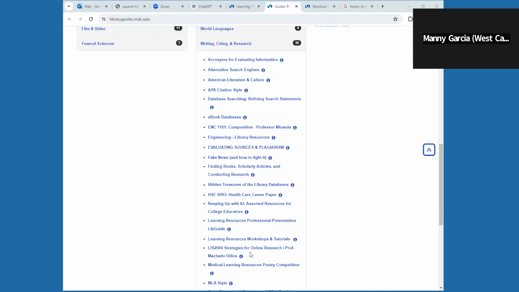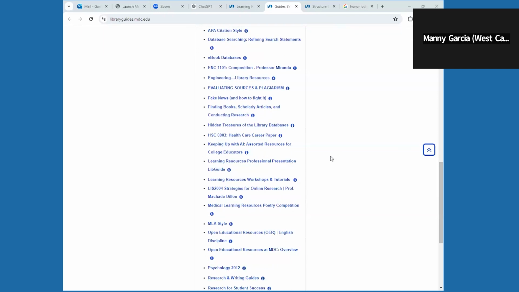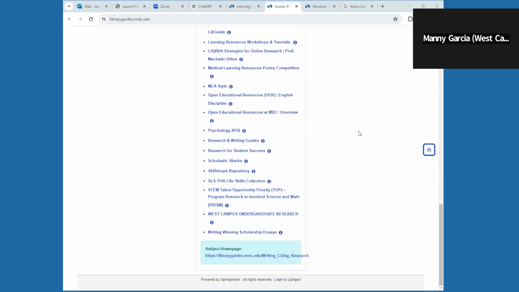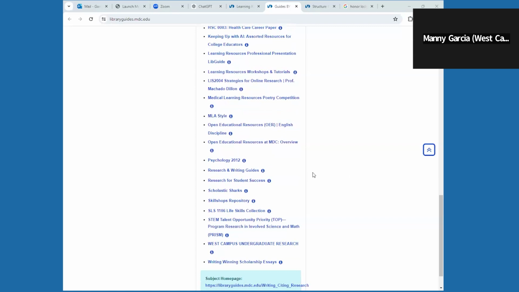And here you'll find a variety of different pages. Alternative search engines, APA citation style. This is very important when you start getting into APA papers in 1102. ENC 1101 composition for Professor Miranda. So a series of different writing pages and different writing subsections that you can work on.